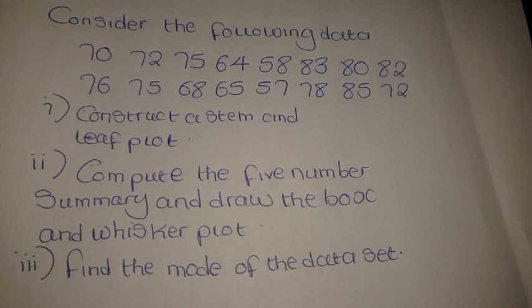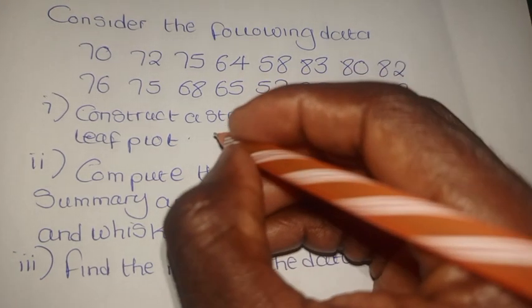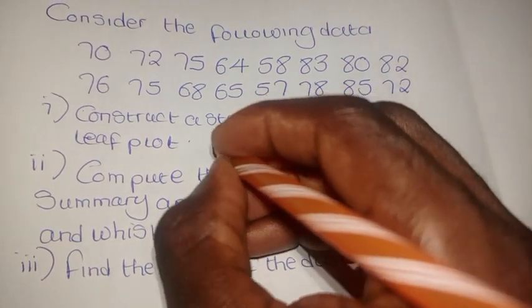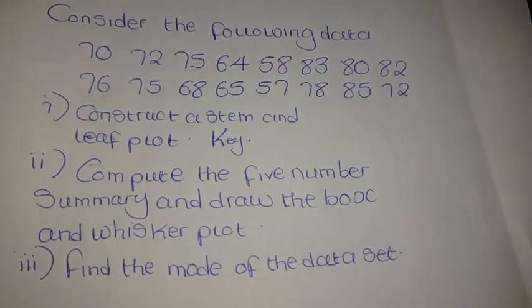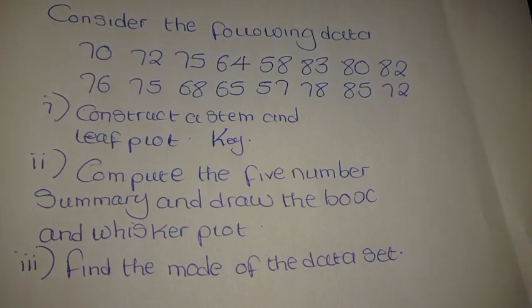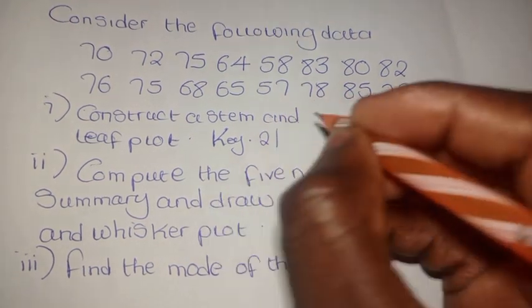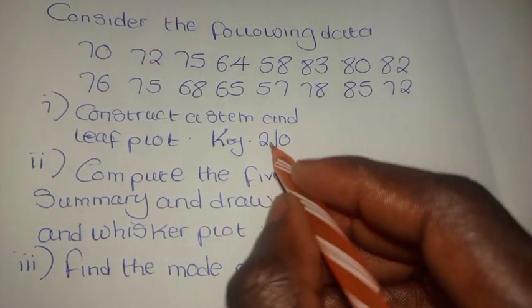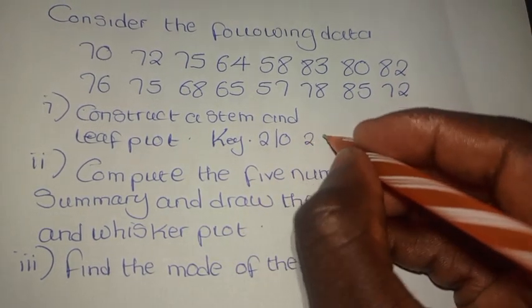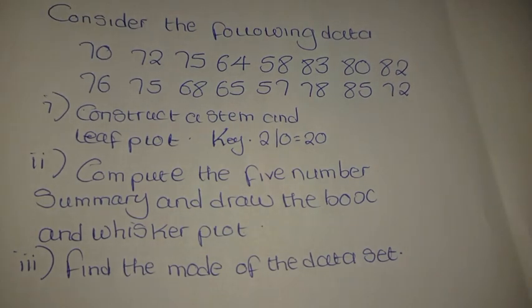To construct a stem and leaf plot, you need to give what is referred to as the key, so we know what you are constructing. Let us say that this is equivalent to 20.